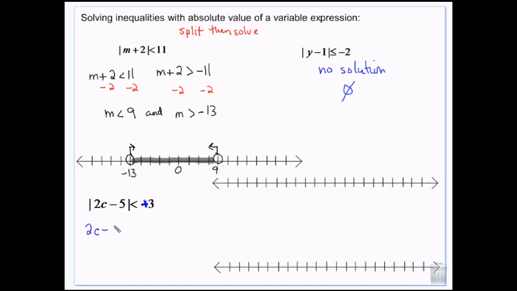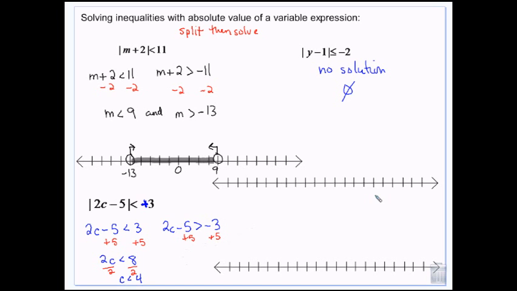So I'm going to split 2c minus 5 is less than 3. 2c minus 5 is greater than negative 3. I'm going to add 5 to both sides. 2c is less than 8. Divide by 2. C is less than 4. Sorry, that's so squished.